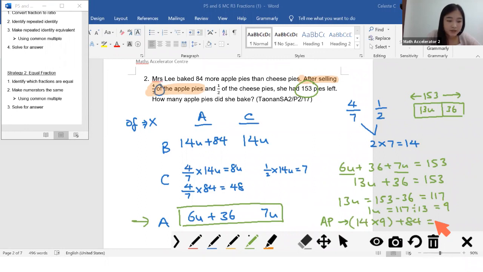Yes, correct. So 210 apple pies. Okay, this is your final answer. Yeah, this question is higher order, so it's a bit tougher to understand. Okay, you can ask me questions afterwards.